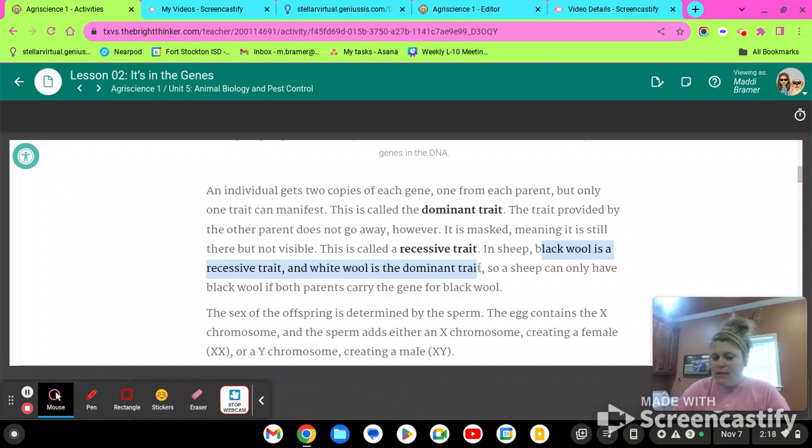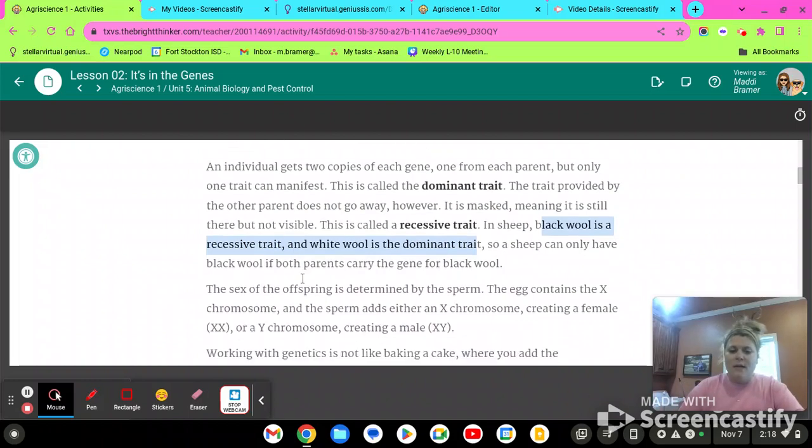So white wool is the one that's going to prevail. However, if a sheep has parents that both carry the gene for black wool, they'll have black wool. So their parents don't necessarily have to have black wool for it to show. Right? So the recessives get together, and that's how you get the trait to show.